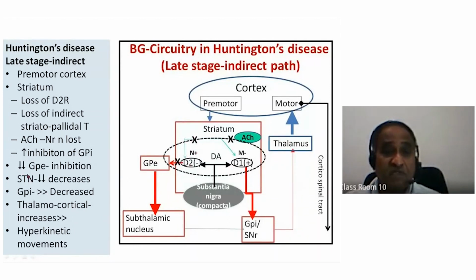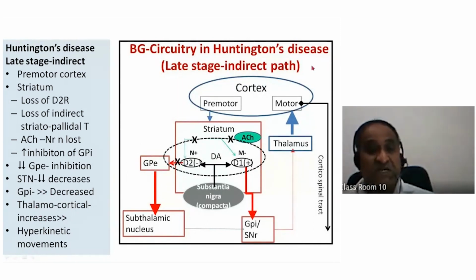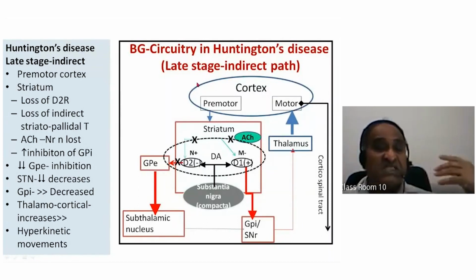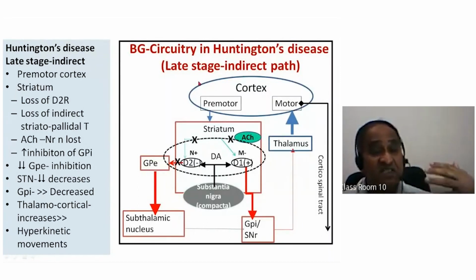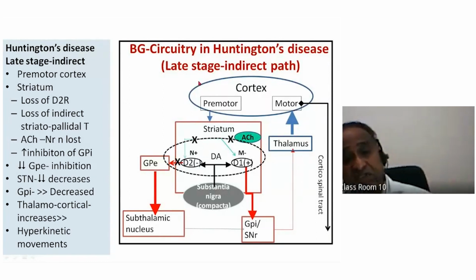They will produce a very great increase in the GP inhibition, and the subthalamic inhibition is decreased very greatly, and the GPI output is decreased greatly, and finally he is having intractable, uncontrollable involuntary movements, and he will be restless, and he is tired or exhausted because of the actions.